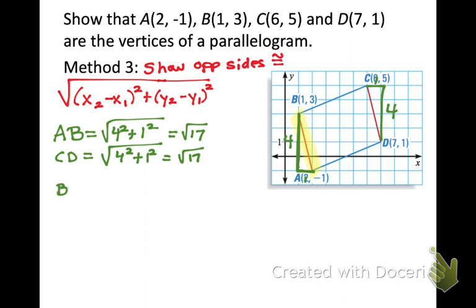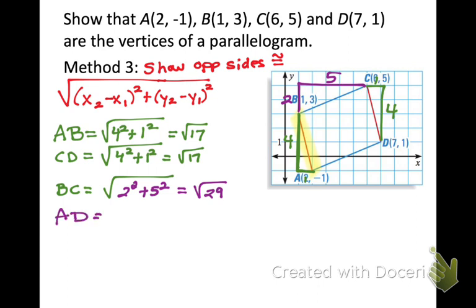What would be the leg lengths for BC of that triangle? 2 and 5. So it's going to be the square root of 2 squared plus 5 squared. So what is that? 25 plus 4, so 29. And then I'm going to cheat and just do the same thing for AD because I'm going to assume it's the same.